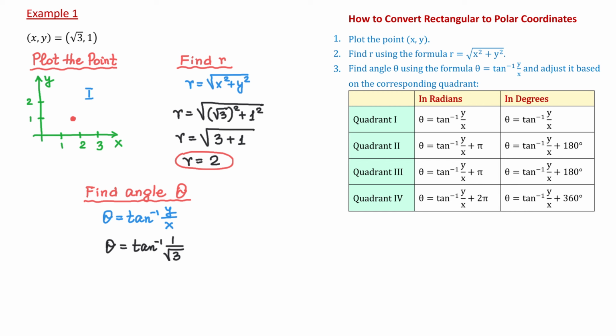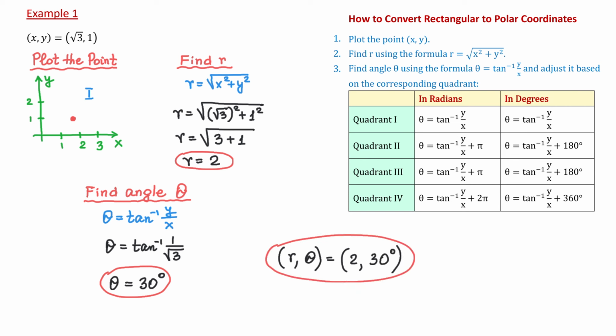And for simplicity, we will use degrees instead of radians. Then if we use a calculator or the unit circle, we will get that theta is 30 degrees. So then, the polar coordinates r and theta are 2 and 30 degrees. Now, let's see another example.